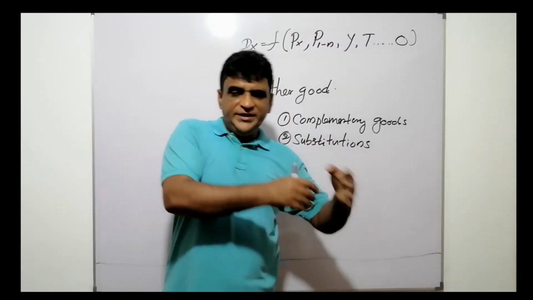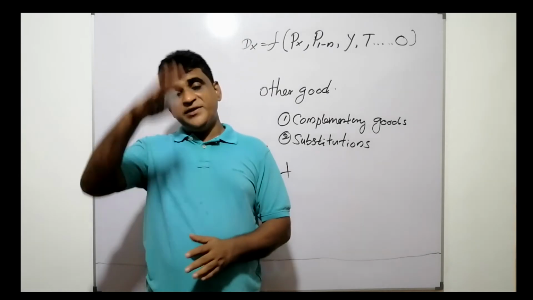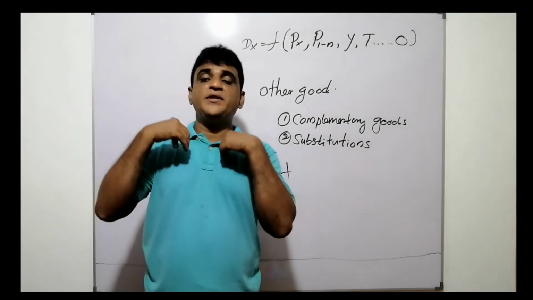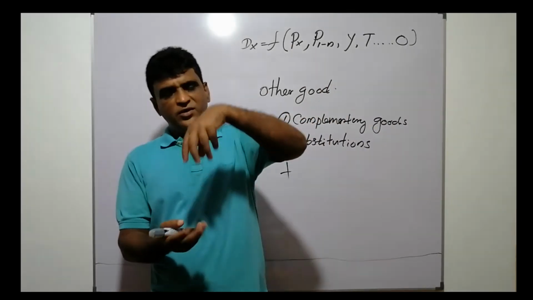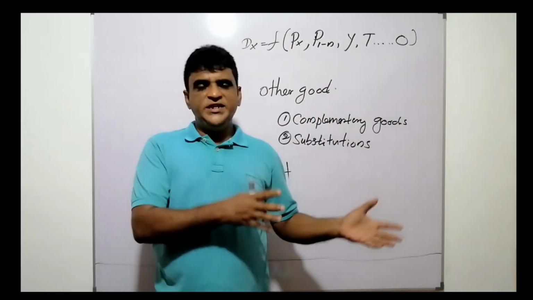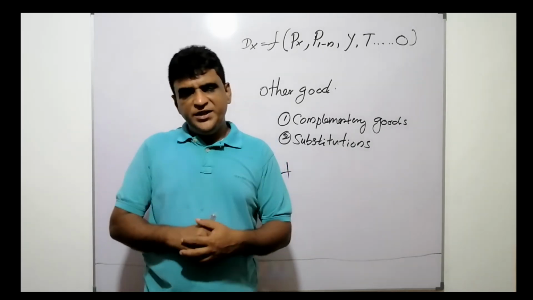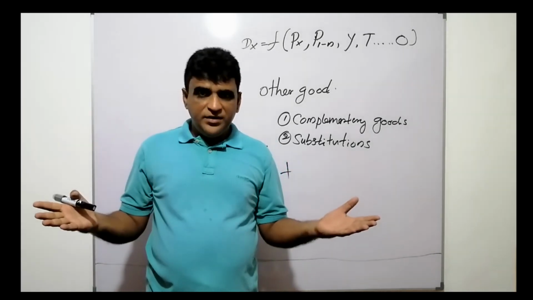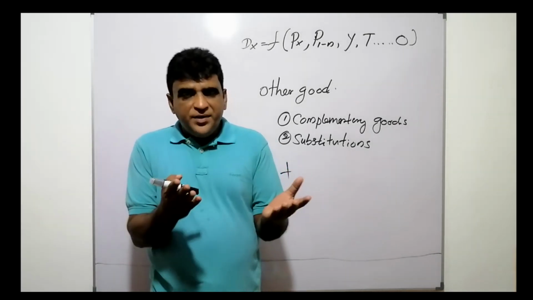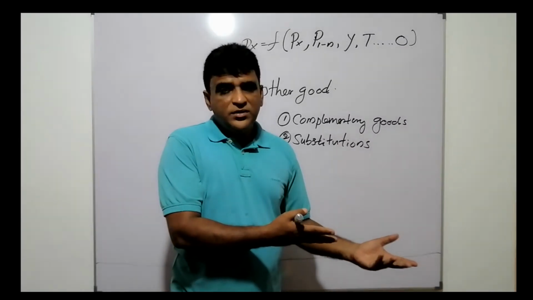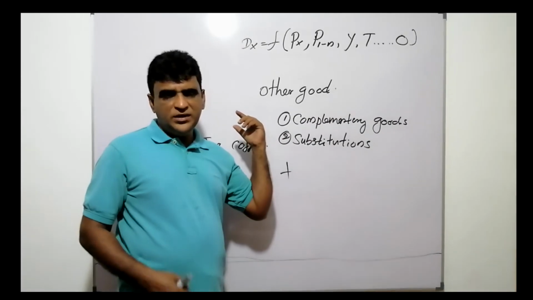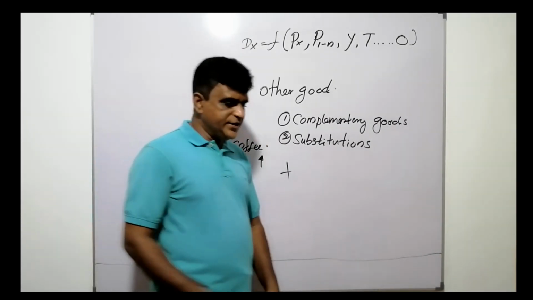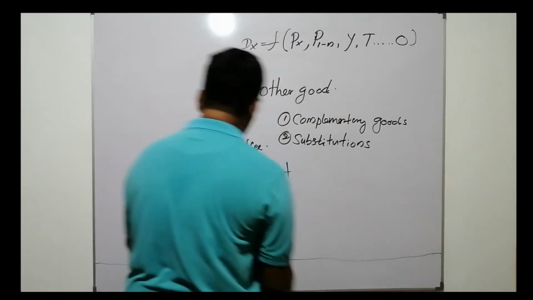Sugar and tea: if the tea price goes up, people are not consuming tea, so they are not going to use sugar with tea. Then the relationship is negative between complementary goods and desired goods. Right.